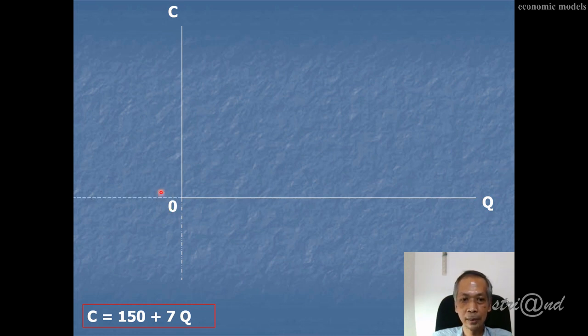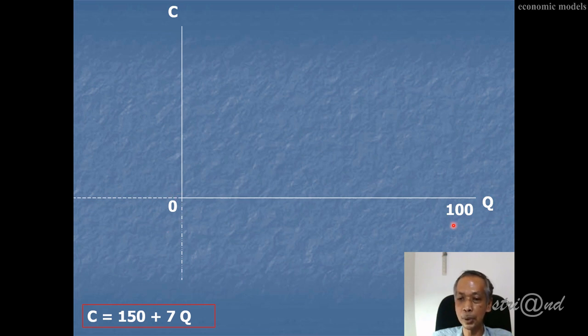The same thing for Q: because Q is not relevant to be negative, the line here is made in dashed line to show that it is not relevant. And then we know that the domain is from 0 to 100.